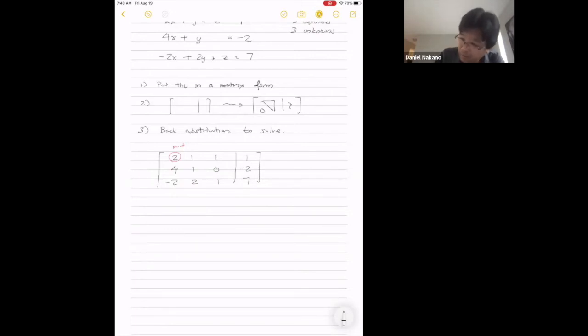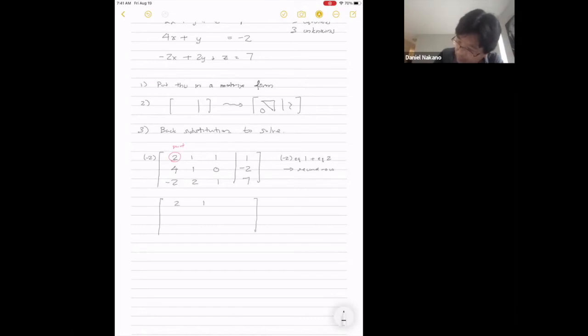So I'm going to take minus 2 times equation 1 plus equation 2, and put that into the second row. Okay, so that's the first thing I'm going to do. So let's do that.